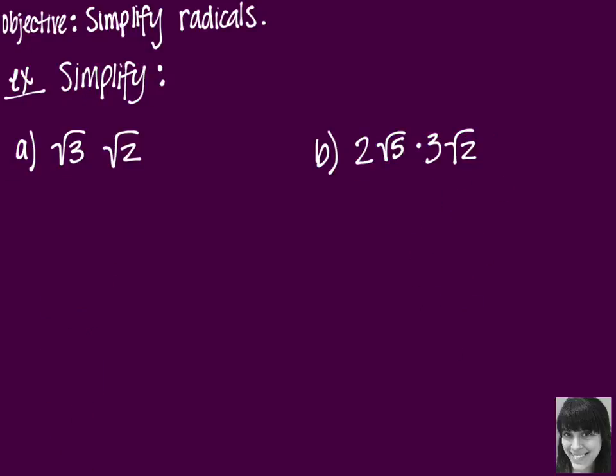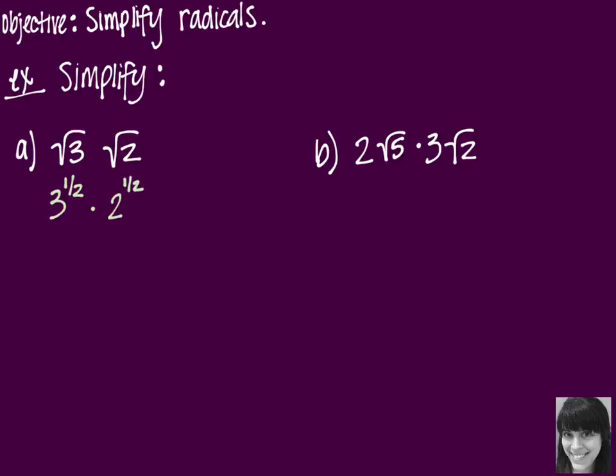Okay, so I have the square root of 3, and what's that operation again? That's in between there, I don't see it. Multiplication, yes. So square root of 3 times the square root of 2, right? But I don't like that. I think I can simplify that. And we know that we can, right? We just did it on the last slide, except it was with an x and a y. So I can rewrite this as 3 to the 1/2 times 2 to the 1/2.